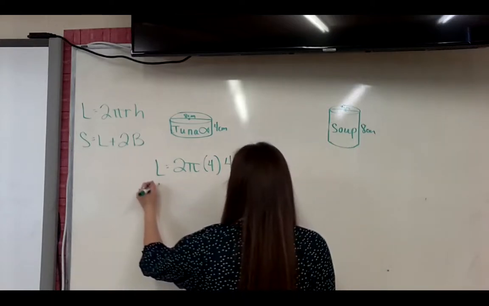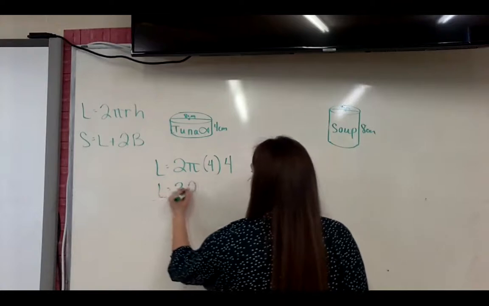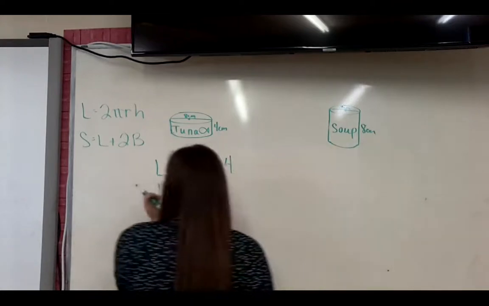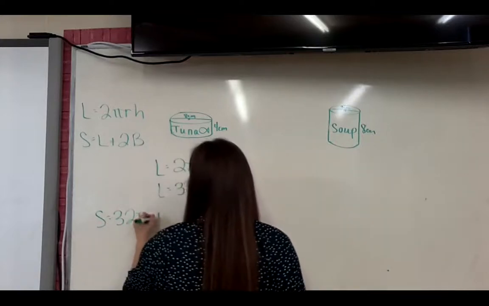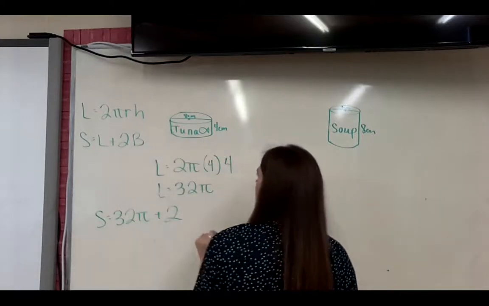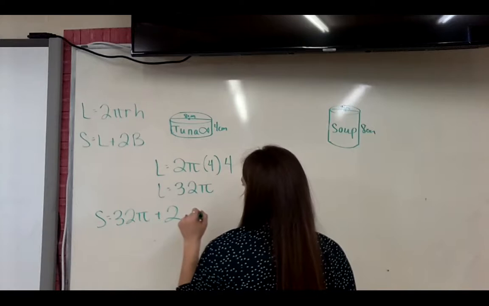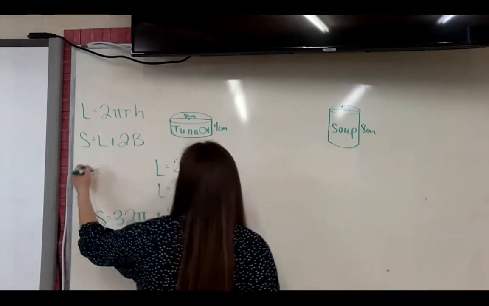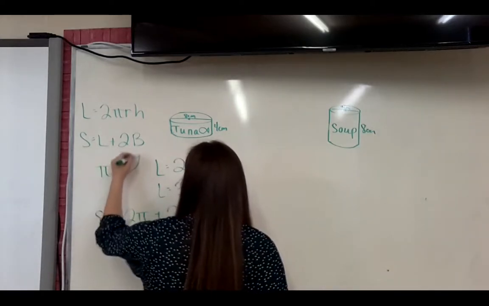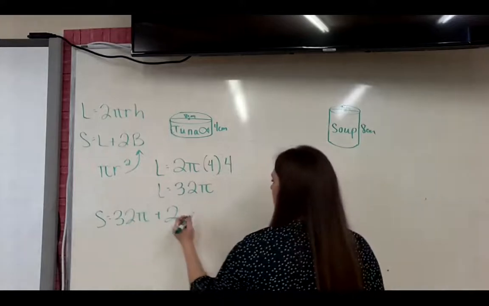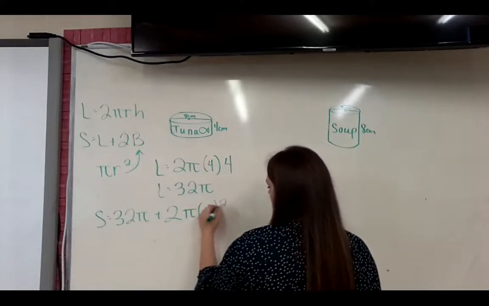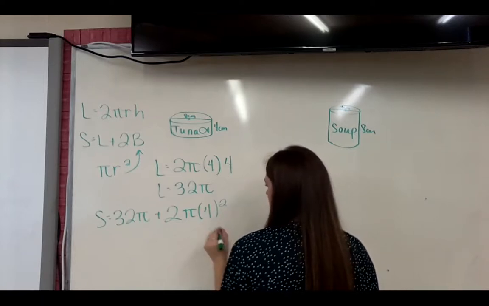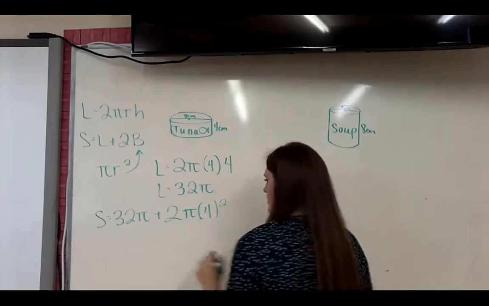Actually, I may leave it 32 pi for now. Okay, surface area is going to be 32 pi plus 2 times big B, which is area of the base. It's a circle, so pi r squared. So pi radius, we said, was 4 squared. 4 times 4 is 16, times 2 is 32.